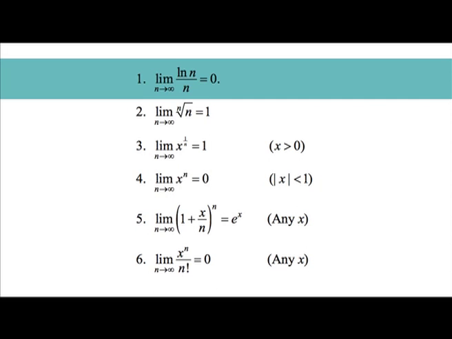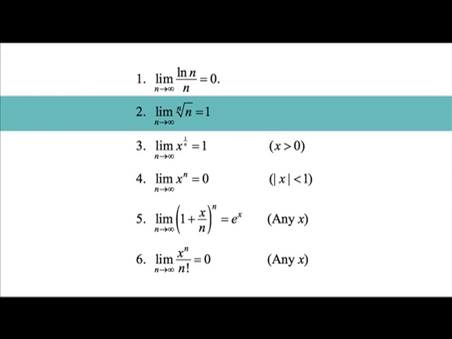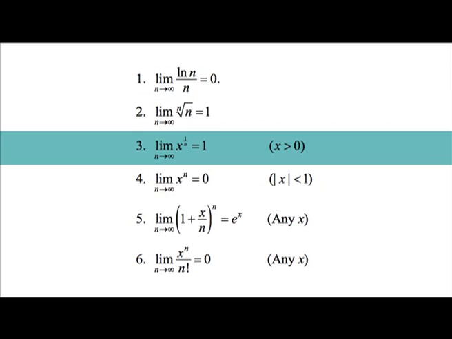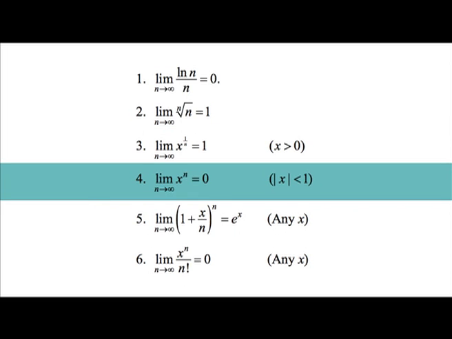Table of limits of sequences. First one, the limit of natural log n upon n as n approaches infinity is 0. Second one, the limit of nth root of n as n approaches infinity is 1. Third one, the limit of x power 1 upon n as n approaches infinity is 1 for x greater than 0. Fourth one, the limit of x power n as n approaches infinity is 0 for absolute value of x less than 1.